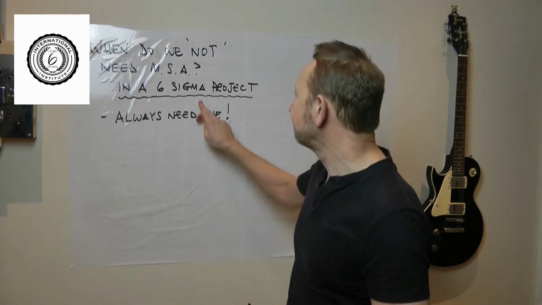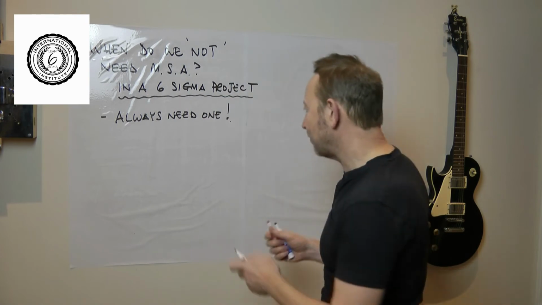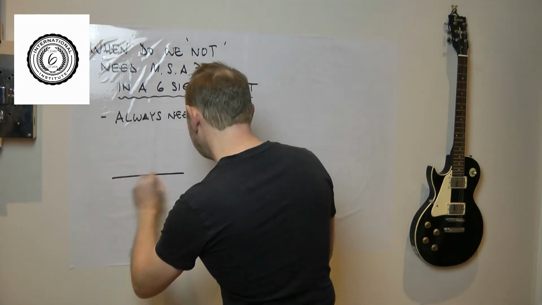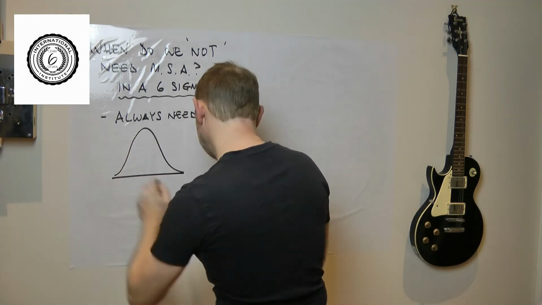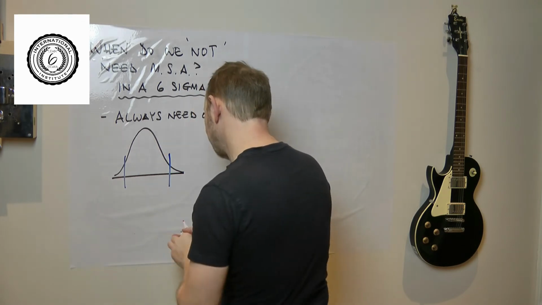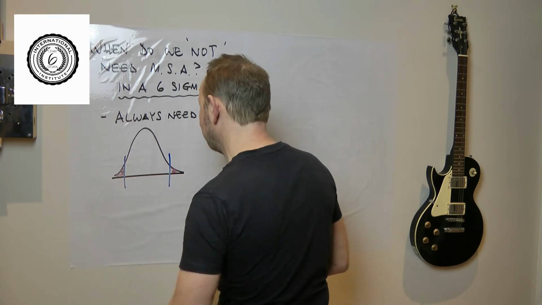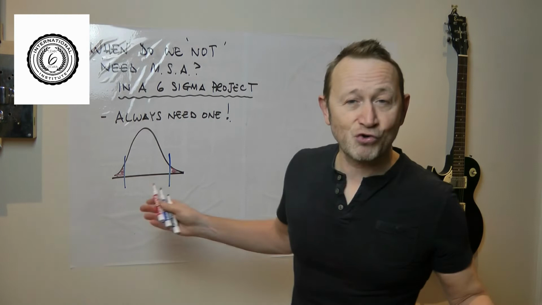The first thing is, if you're doing a Six Sigma project, you have a problem. Okay, so that's important. We have a problem. So often we are doing a Six Sigma project because we've got this type of problem. And the important thing, of course, is you draw one of these diagrams.